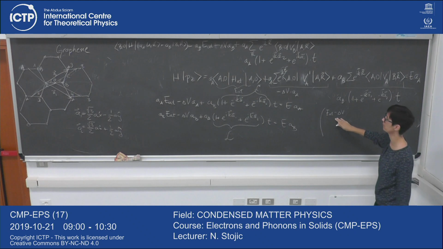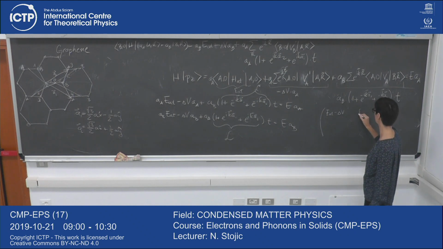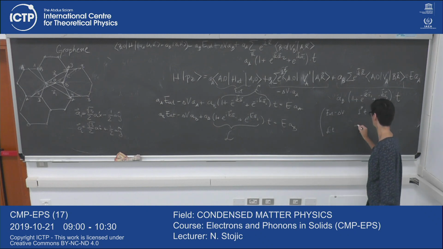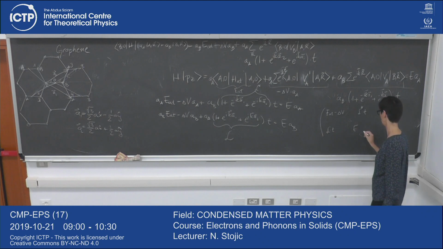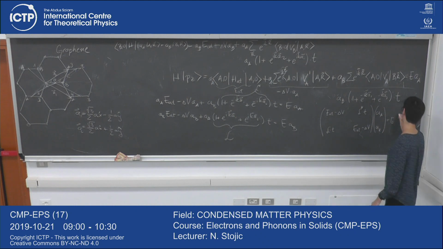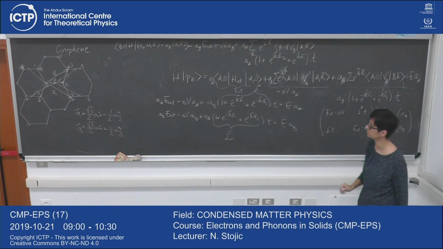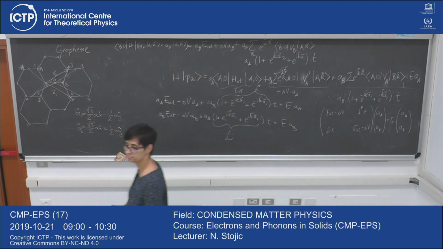Times alpha conjugate T, here alpha T. We know how to solve this, no?